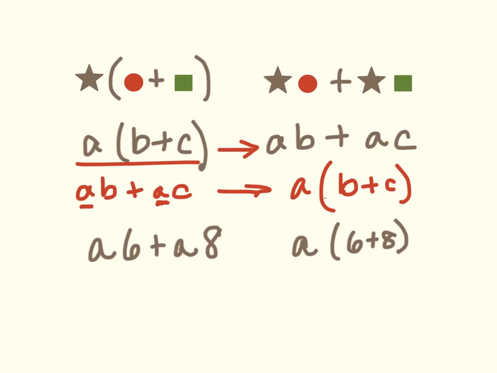Now, similarly, if we have the same format, a factor, which we don't know what it is, times a number, plus the same factor times a different number, we could rewrite it so that those two different numbers or constants no longer are the coefficients, they become constants.